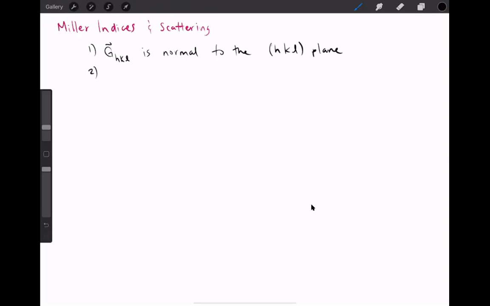And then the other thing that he's telling you is that the magnitude of it is inversely related to the spacing of the plane.